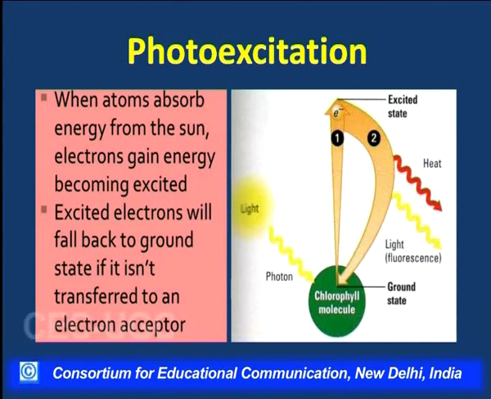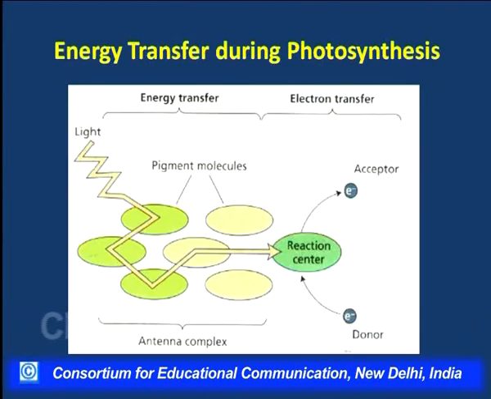That means to get transferred, and if they don't, the extra energy which will be released in the process, as I said before, would be in the form of heat or light. So that means they have to be transferred to a proper electron acceptor in order to have a useful role in the process of photosynthesis.